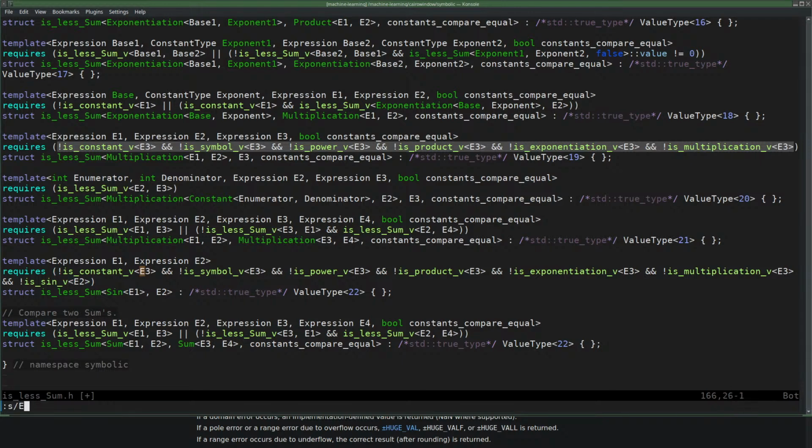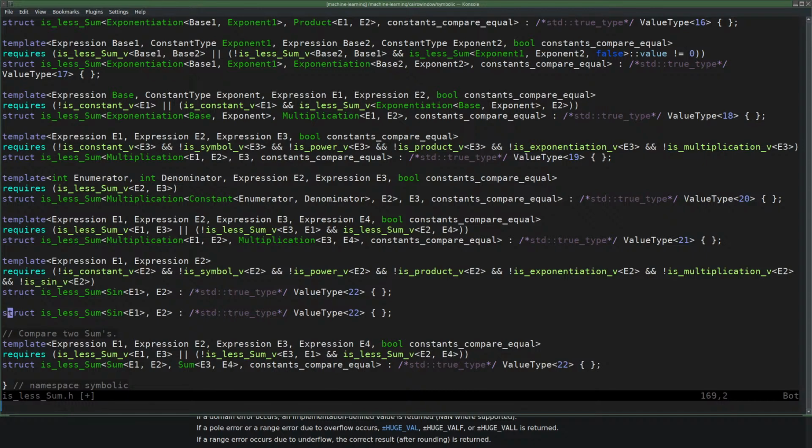Substitute E3 with E2. So E2 is not a constant, not a symbol, not a power, not a product, not an exponentiation, not a multiplication, and not a sign. Then it is less than. Sign is less than that. Correct. And then we have also the possibility that it is a sign and a sign.